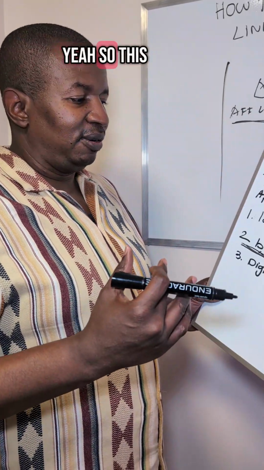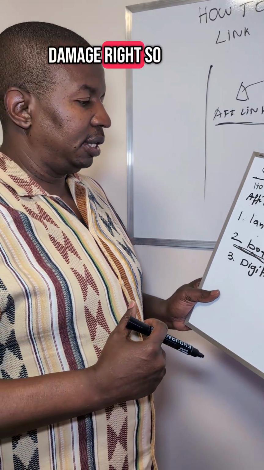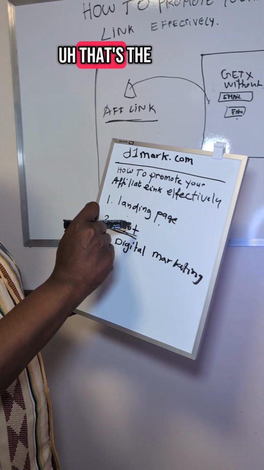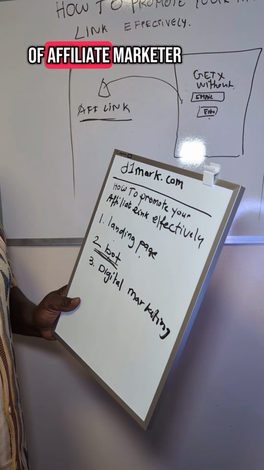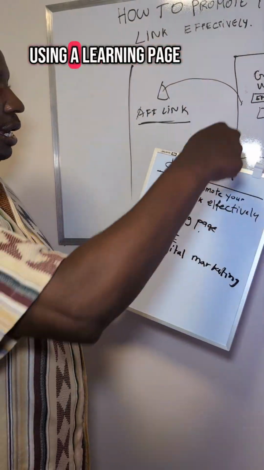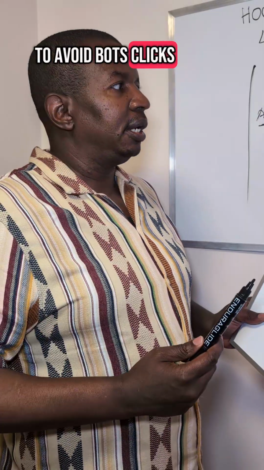Because it will create a lot of damage. So that's the second advantage for an affiliate marketer of using a landing page, to avoid bot clicks.